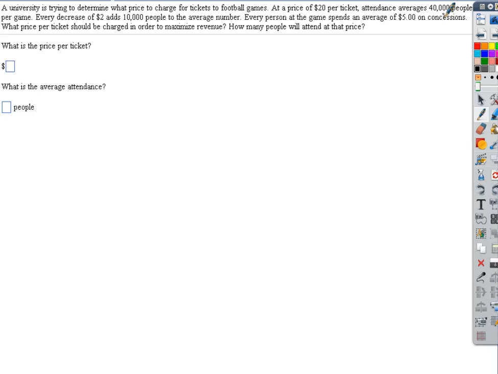Now, when we do stuff like this, a lot of times revenue is set up as equaling x times p of x. P of x is what we call a demand function. In this case it's the price per ticket. So P usually stands for price.